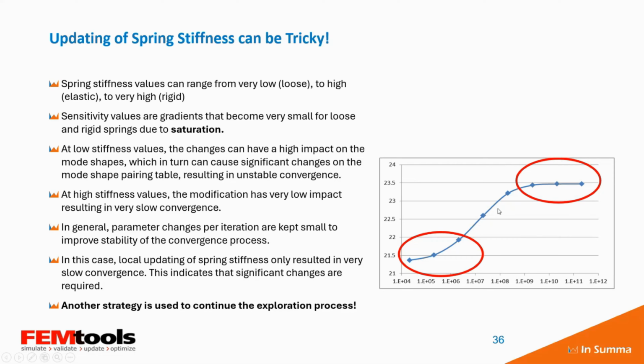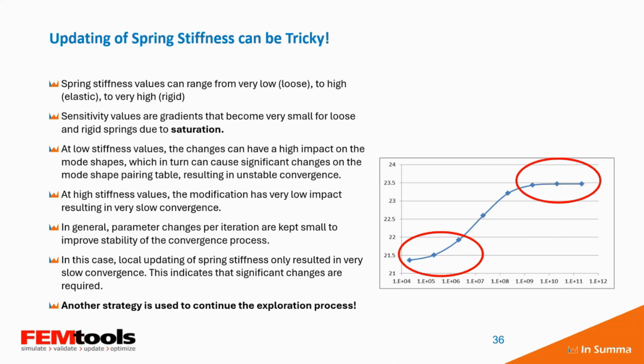In this case, it was tried, but it was not leading to satisfactory results because of this phenomenon. Before using springs as an updating parameter, we need a better understanding of which springs should be included, and whether the initial value of those springs is already acceptable.